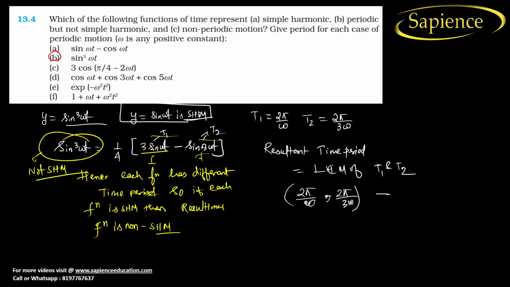So the required net time period will be equal to 2 pi by omega, which is our required result.